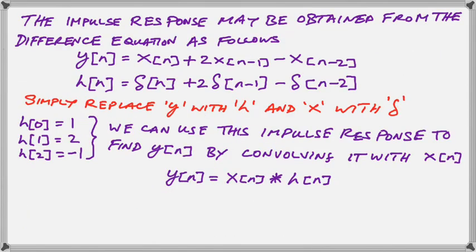Now, what about the impulse response? The impulse response may be obtained directly from the difference equation. When you look at them there, you simply replace the y with h and the x with delta, and the equations are virtually identical except for that small change.